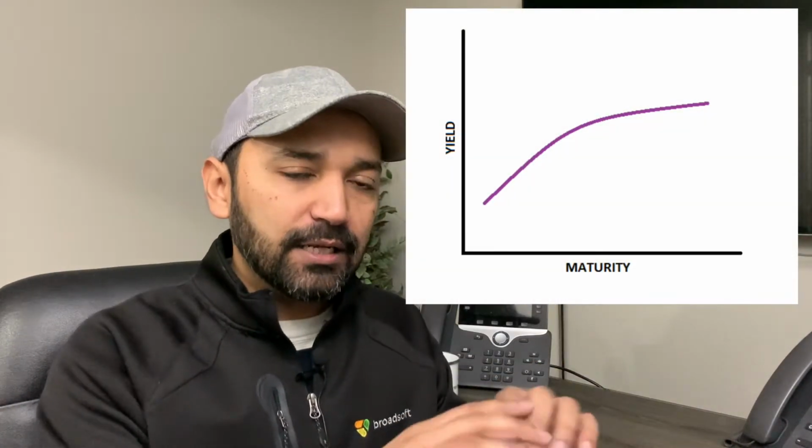That means in order to compensate for that risk, you get higher interest paid on those bonds versus the short-term bonds, where the risk is much less. That's why in a normal economic condition the yield will always be lower for short-term bonds compared to long-term bonds, which yield higher returns.